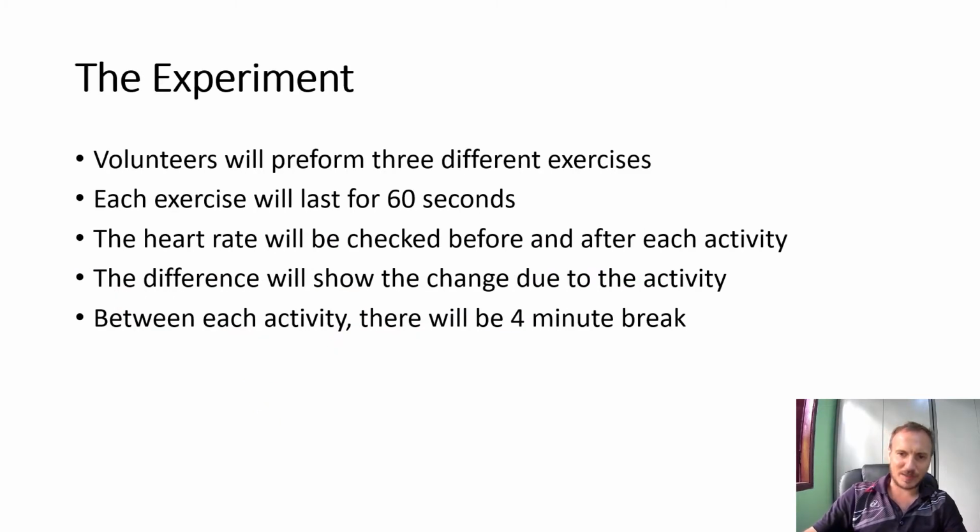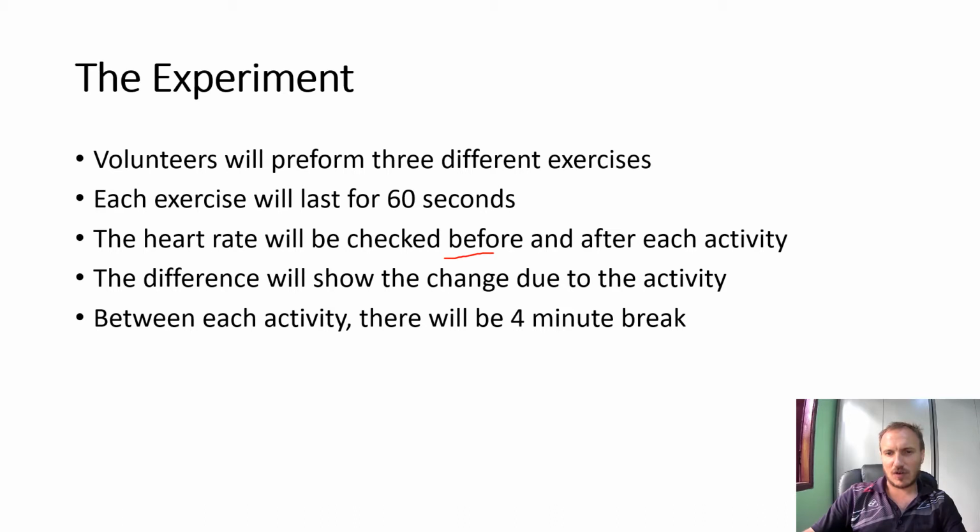But now we're going to do an experiment to test this. So in this experiment that I've recorded for you, the volunteers are going to perform 3 different activities. These activities will have different intensity. One will be quite easy, one will be middle, one will be very difficult. Each activity will last for 60 seconds. The heart rate will be checked before and after each activity.